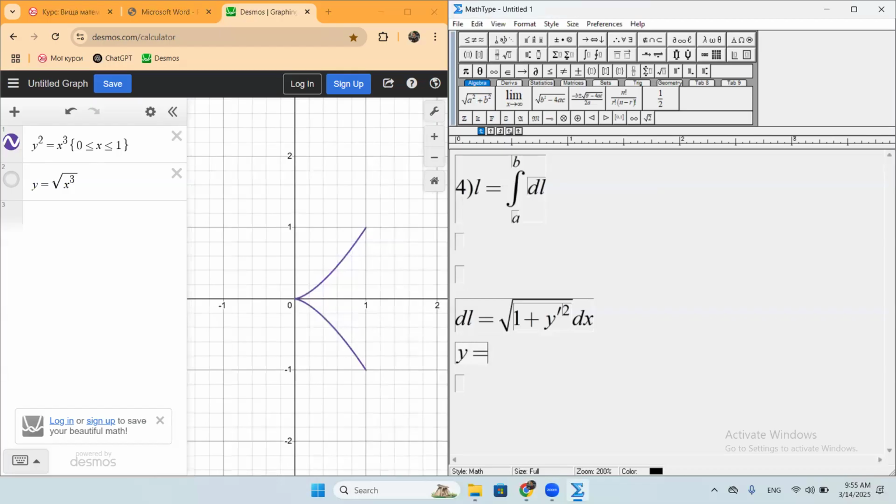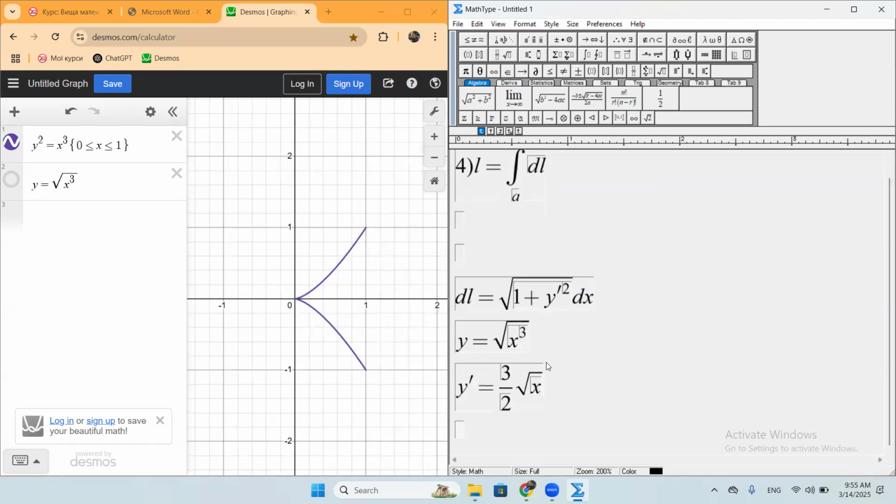So y will be equal to square root of x cubed. Then y prime will be equal to 3 over 2 square root of x.